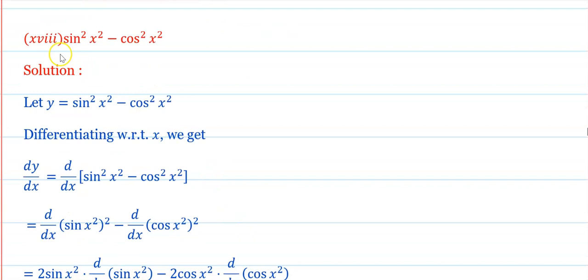Next, sin square x square minus cos square x square. Okay. Now this sin square x square can be written as sin of x square and it's a bracket square.